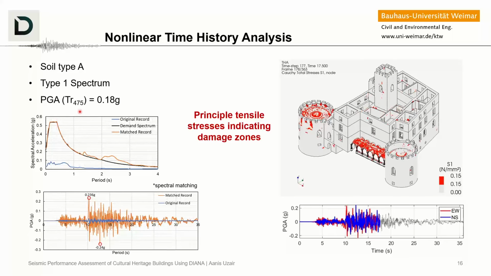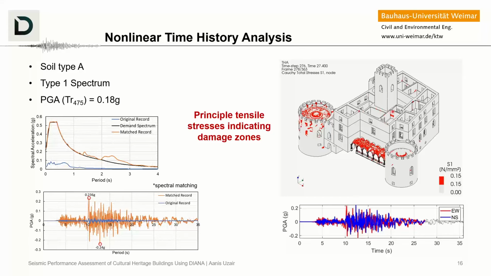What you see on the right side are the principal tensile stresses, and they are instantaneous stresses, so they show you the concentration beyond the elastic limit at every step of the analysis. And you would see that the stresses are mostly concentrated in the walls that are on the outside between the two artillery walls because they are free to move on one end.